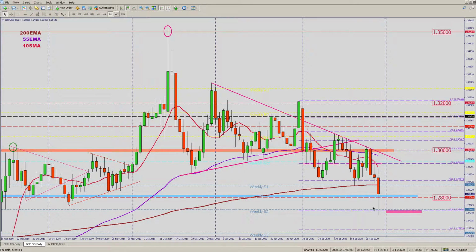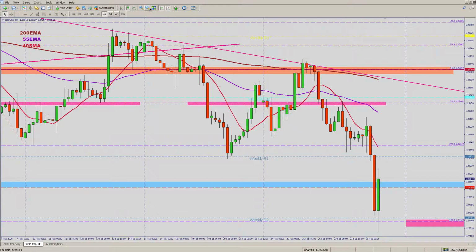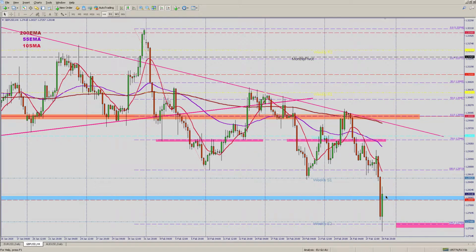So with this last minute recovery at the end of Friday to close above 128, we'll see some pullback towards the previous swing low at the 128.70 area, and we'll see whether it's able to climb up higher to reach the 78.6 fib retracement level.